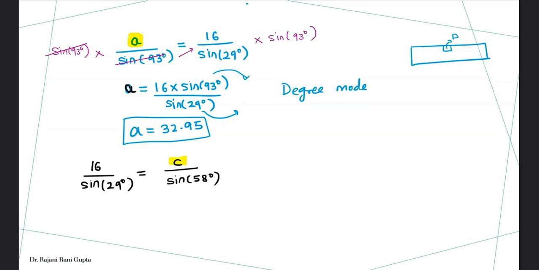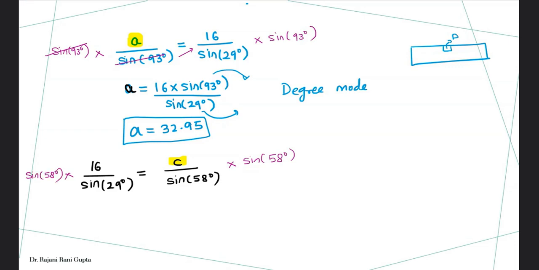We are looking for the value of c, so we don't need this denominator, sine 58. To cancel that, since it's in division, we multiply by sine 58 degrees, and we should multiply on both sides.